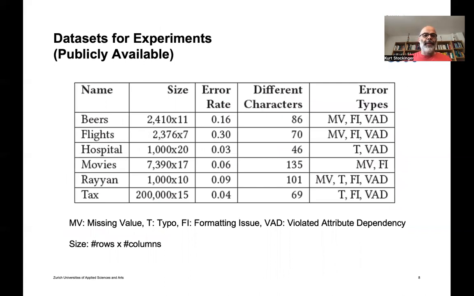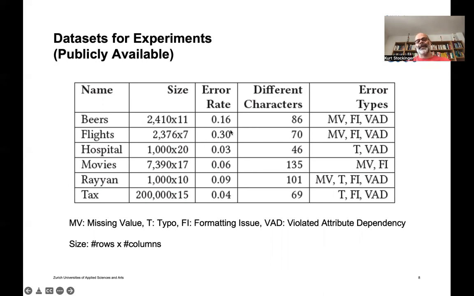Next, we evaluated our approach, and here we use publicly available data sets. For instance, there's the beer data set or the flights data set. This one consists of about 2,400 rows and about 11 columns. You also see the error rate of these data sets. For instance, the hospital data set has about 3% errors, whereas the flights data set has about 30% error.